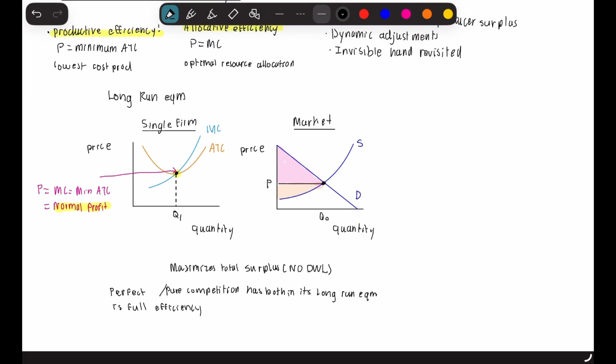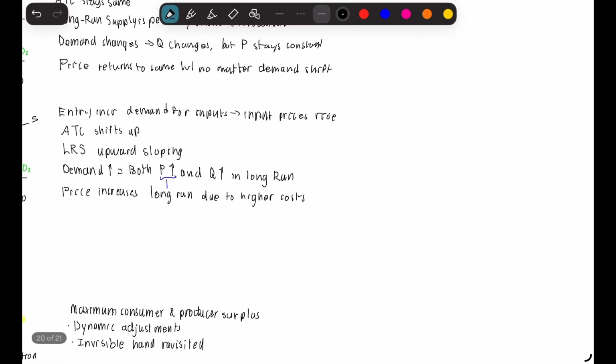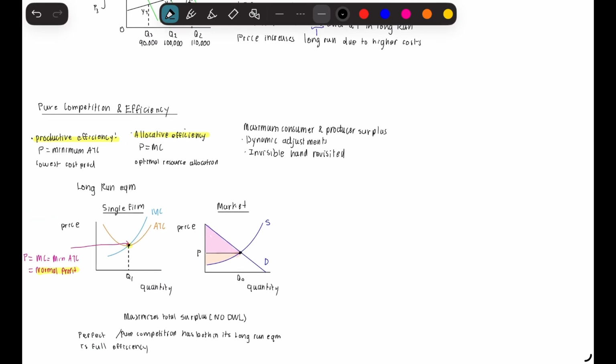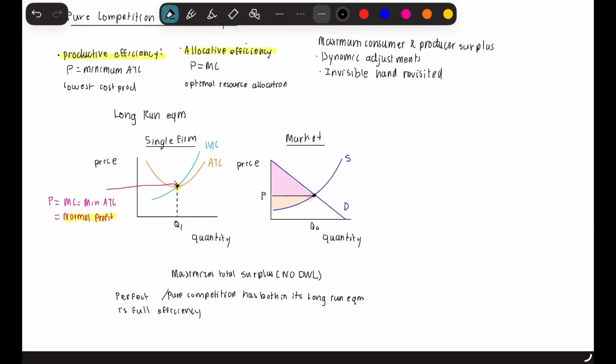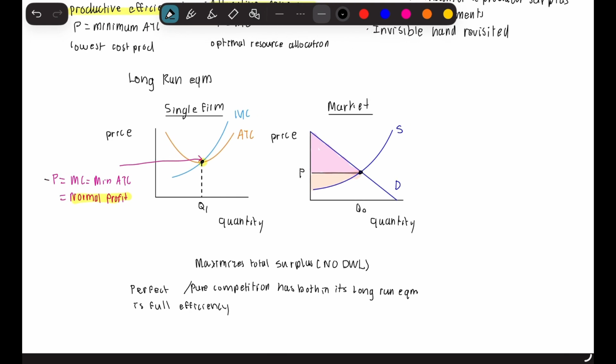Now, for our long run equilibrium, here we see that when P equals MR equals MC, that is your minimum ATC. Normal profit means that you have zero economic profit.